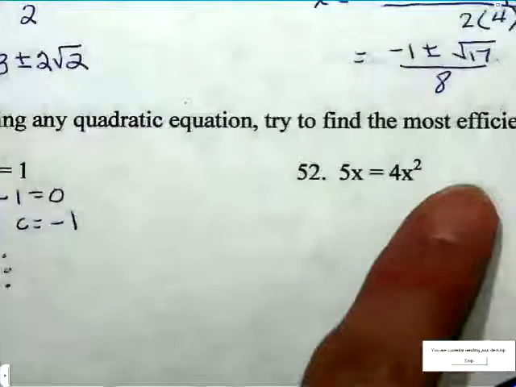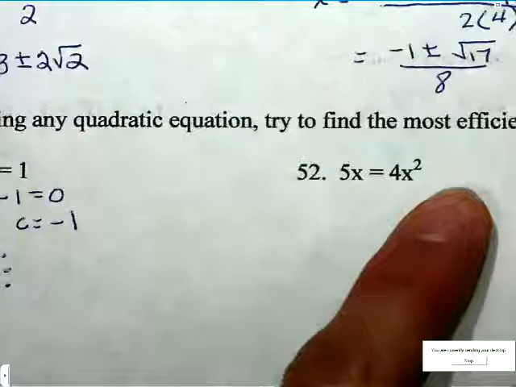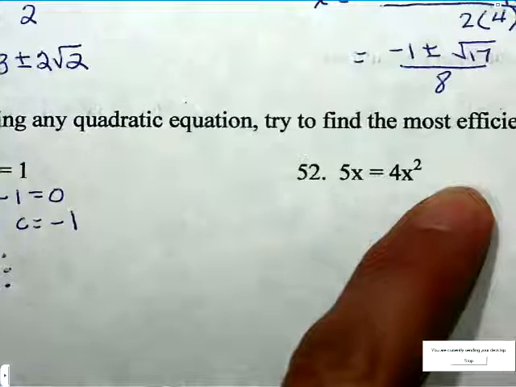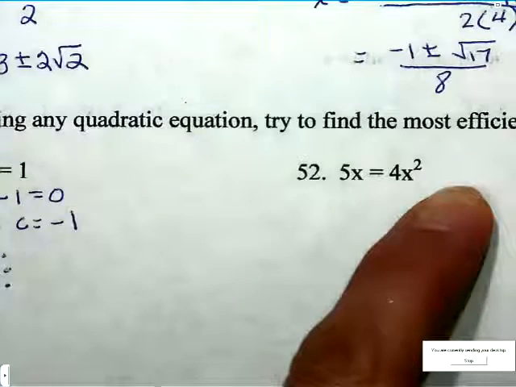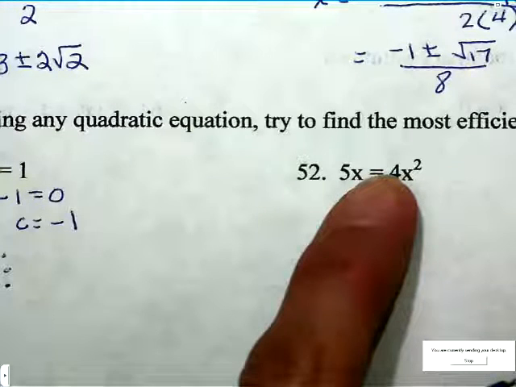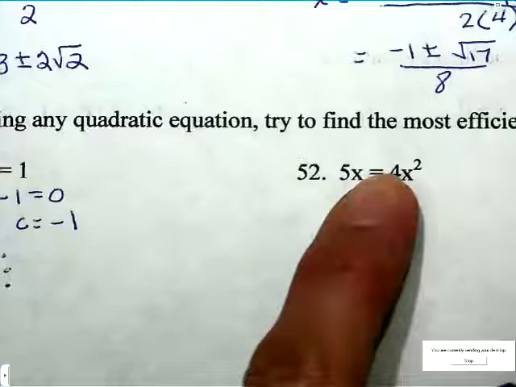If we do this the correct way, we get it in standard form. Remember when I said it doesn't matter if your zero's on the left or right? I always try to move things to the side that will keep the coefficient of x squared positive. It's easier to factor something that starts with a positive 4x squared than a negative 4x squared.